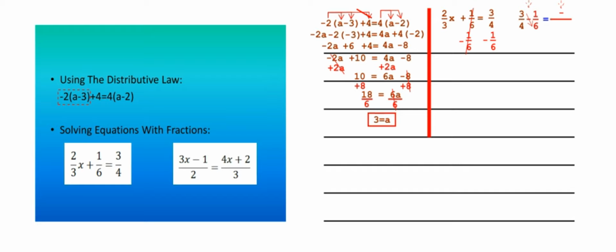So 3 times 6 will give you your first number at the top. 3 times 6 we said is 18. Okay, that works. And now we're going to take the first bottom number, the 4, times the second top number, the 1. 4 times 1 gives us the second number up at the top. 4 times 1, 4.